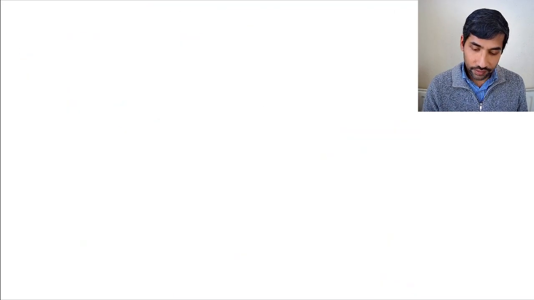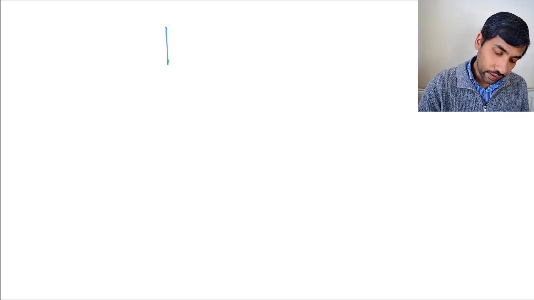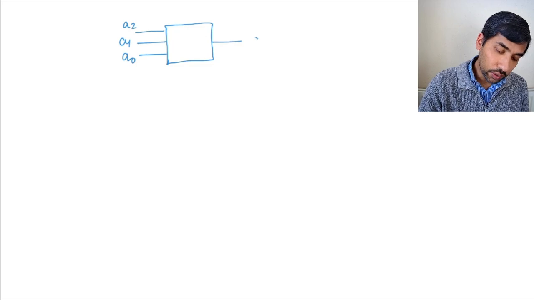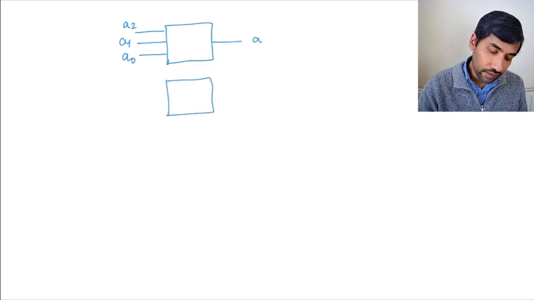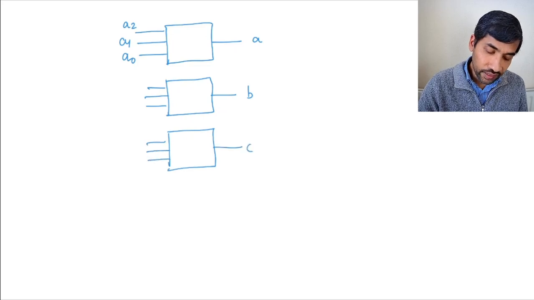What I'm saying is that if we are able to make a circuit which takes these three inputs, A2, A1, A0, and gives one output, A, okay? And then you take another circuit, which again takes the same three inputs and gives you an output, B. And then you take another circuit, which gives you an output, C, and so on and so forth till you get G, right?